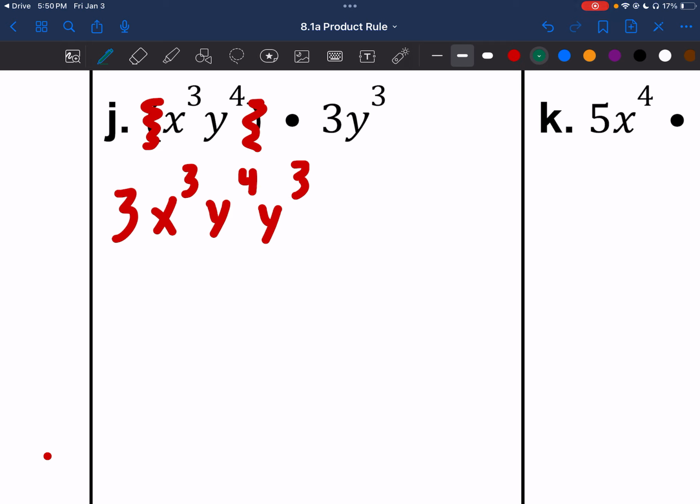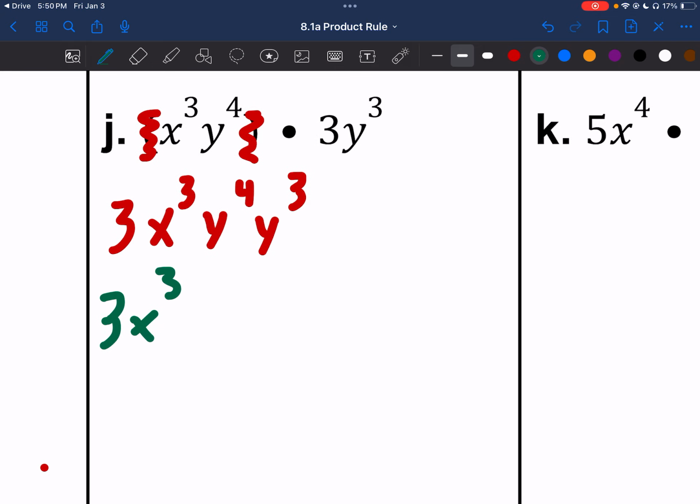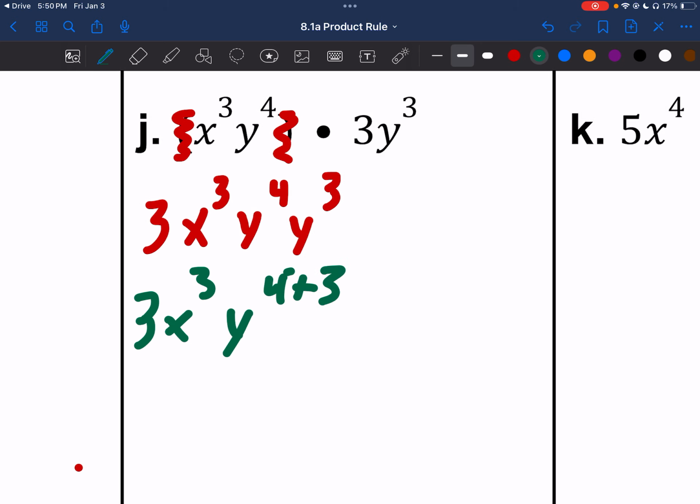Okay? No multiplication with our coefficients, so the 3 stays the same. Nothing happens with x to the third because there's only the one x term. And then we've got y to the fourth plus third. So when we do the math on it, we get 3 x to the third y to the 7th.